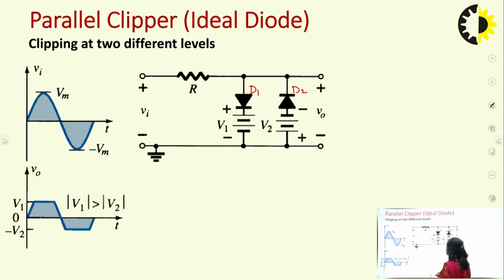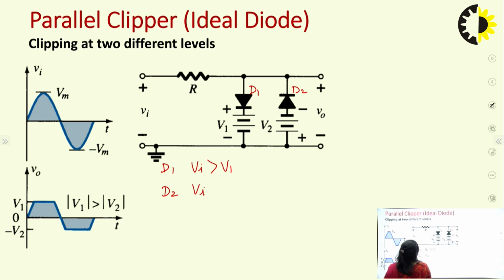D1 will conduct when Vi is greater than V1, and D2 will conduct when Vi is less than minus V2. For D1, the P plate is connected with Vi and the N plate is connected with V1, so Vi must be greater than V1. And at D2, the N plate is connected with Vi and the P plate is connected with minus V2, so minus V2 must be greater than Vi.